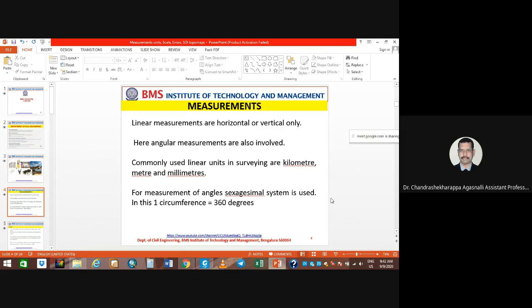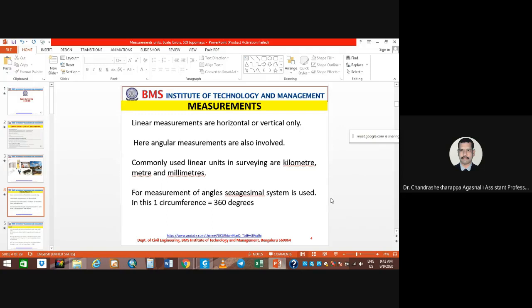You can fix the units. For example, if the area is very big, even if you use meters, you can easily convert back into kilometers. For surveying we generally use the meter.